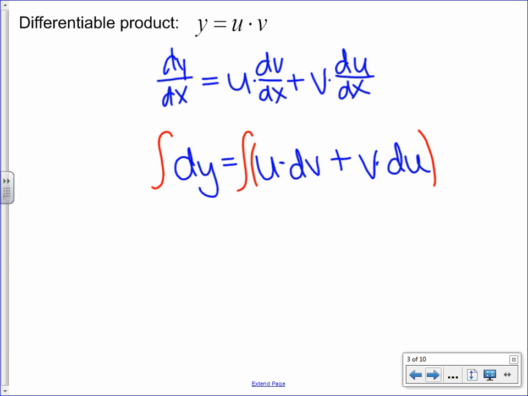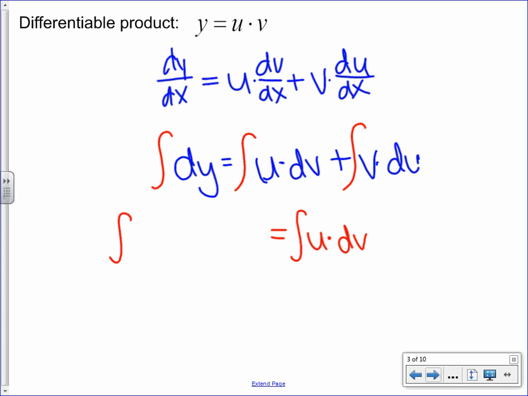This is me integrating both sides. Now I would like to rearrange this. I am going to leave the integral of u dv and I'm going to subtract the integral of v du.